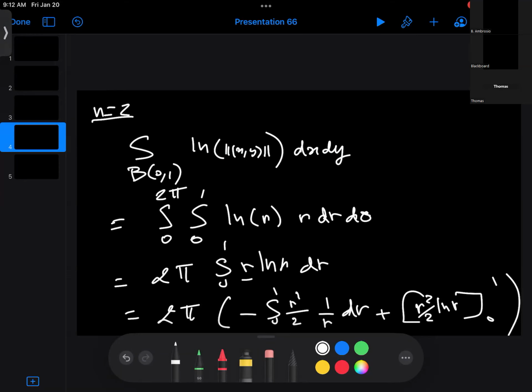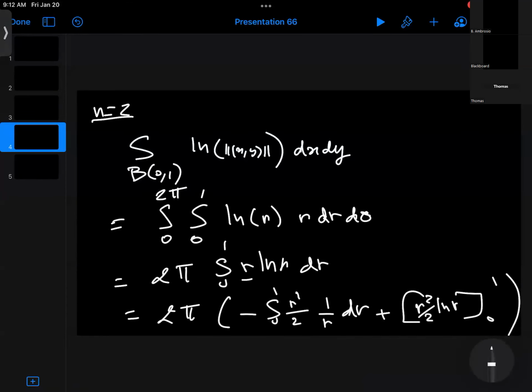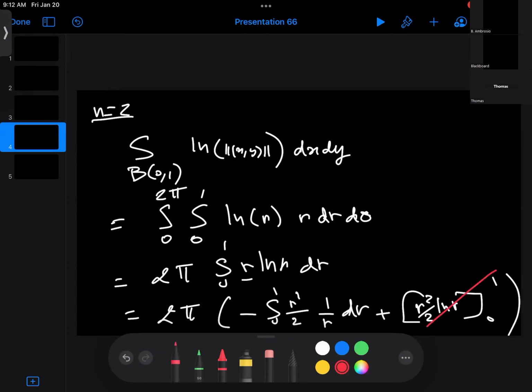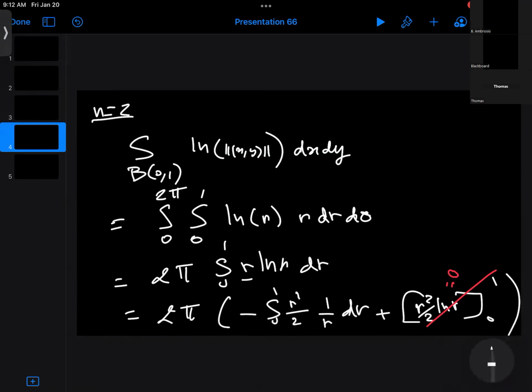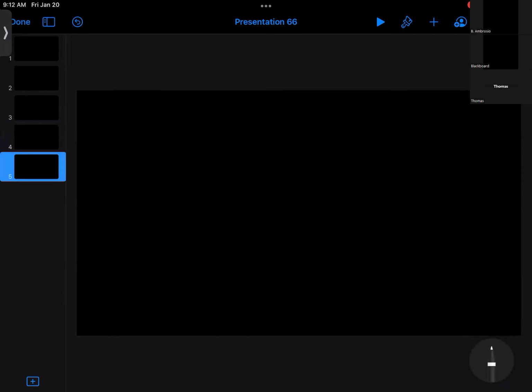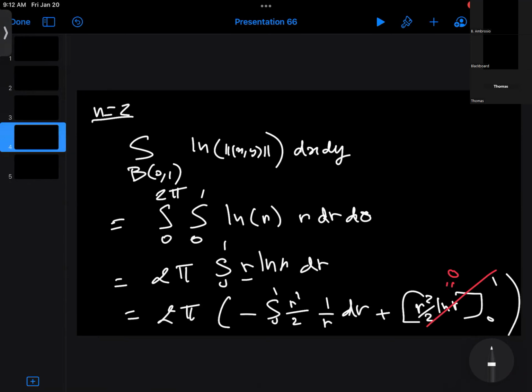All right, so you can see that my singularity has disappeared, because at 0, you know that the limit of r^2 log of r is 0. So this term is 0 actually. And it just remains this one. And finally, this. So I will get that finally our integral is minus, and of course there's the 2 pi.